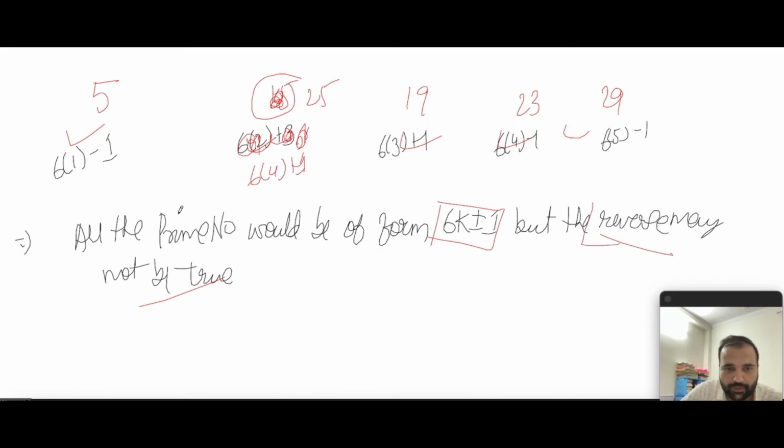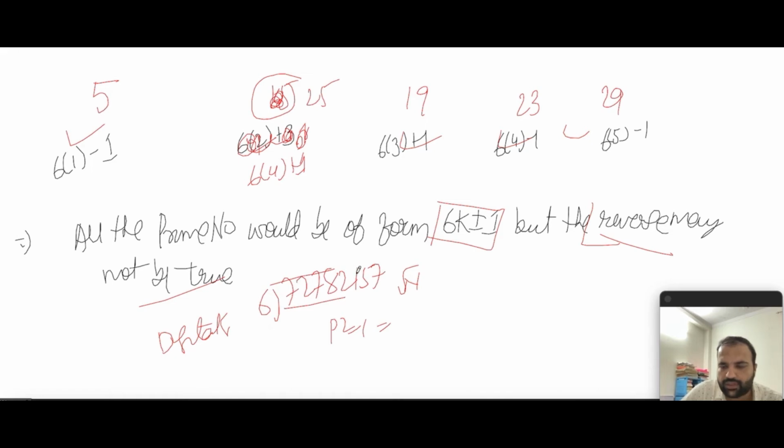So the reverse may not be true, only the first part: if it's a prime number, then it follows this. Now, this is when you get long numbers. Let's say you are getting a number as long as 157. The best way is, because you cannot convert it into the P squared minus 1 format, or even get the square root out of it, or be sure by the digital sum, you can simply divide and see whether you're getting a remainder of 1 or not.